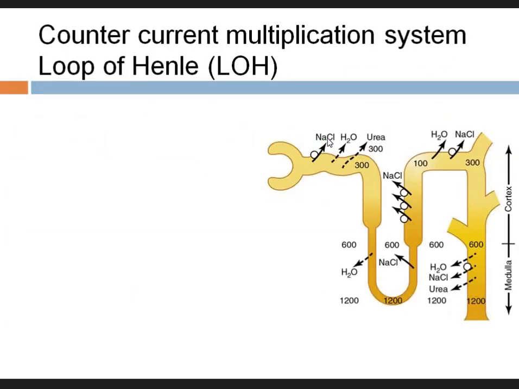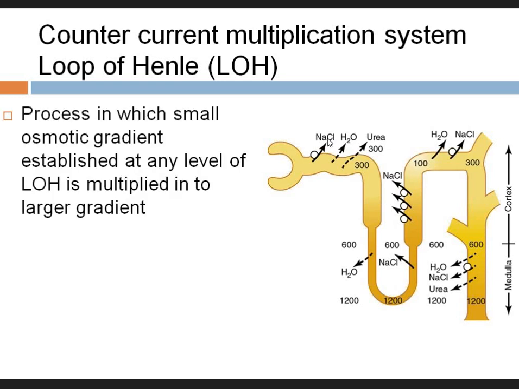So coming to the countercurrent multiplication system, which I told you is the loop of Henle, it is a process in which a small osmotic gradient established at any level of the loop of Henle is multiplied into a larger gradient. So a small osmotic gradient has to be developed at one particular level, and once this gradient is developed, it is going to be multiplied into a larger gradient.